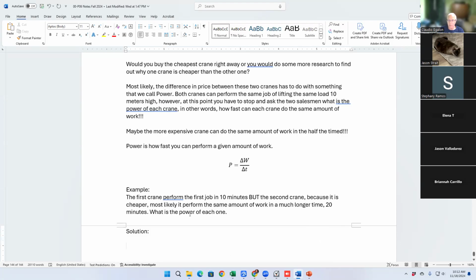The second crane, because it's cheaper, will perform the same amount of work in 20 minutes, right? What's the power of each crane?